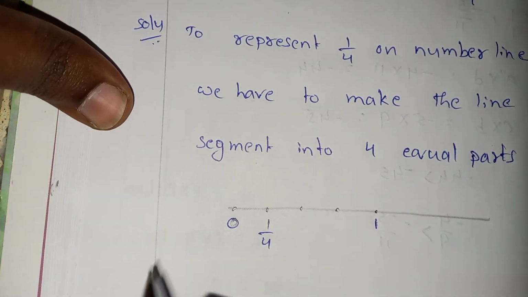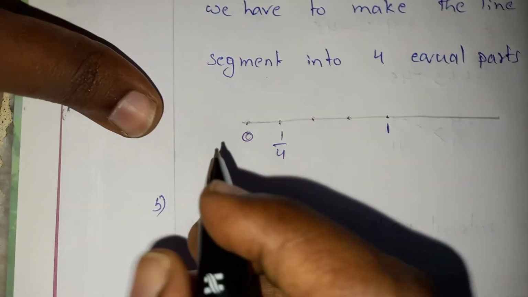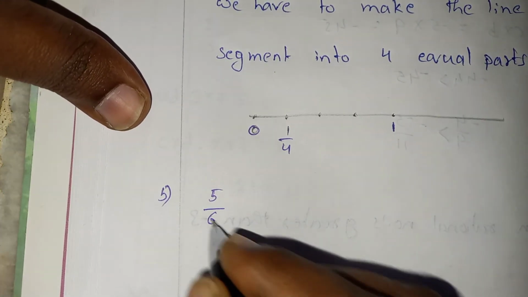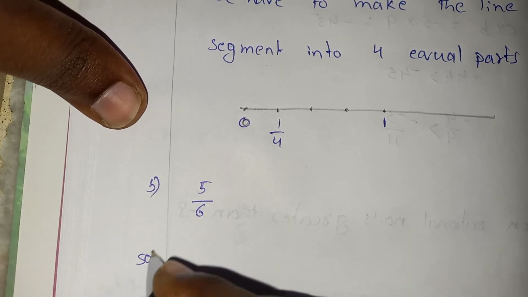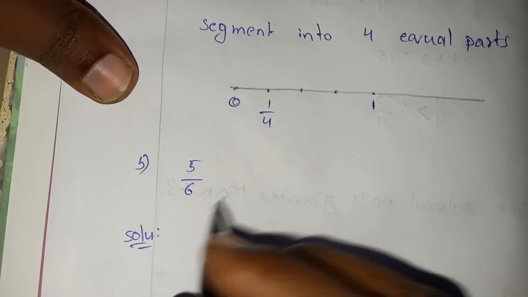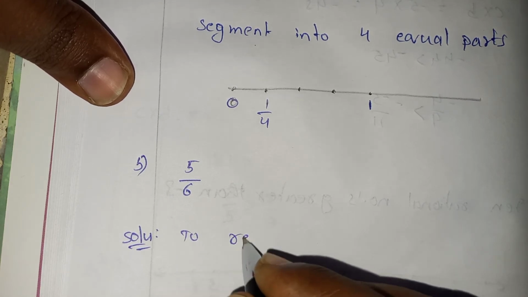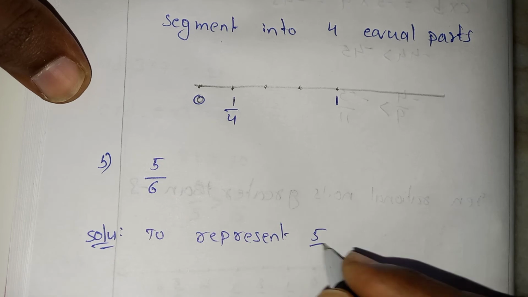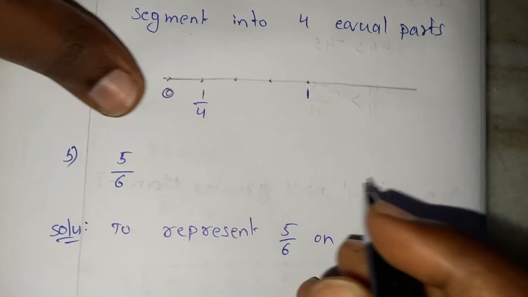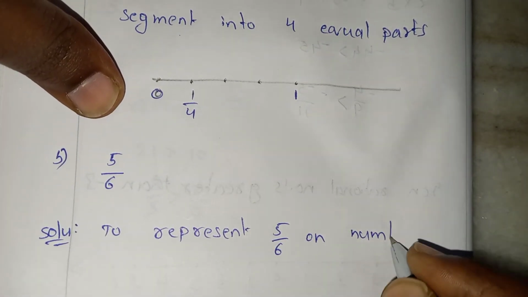Next, B, 5 by 6. 6 means we have to make 6 equal parts to represent 5 by 6 on a number line.